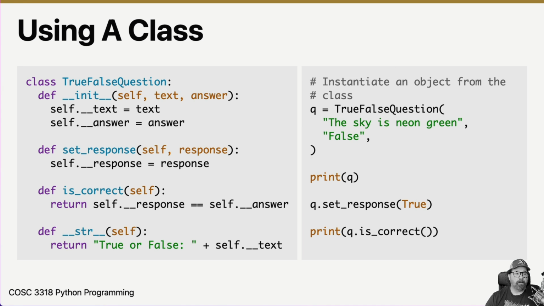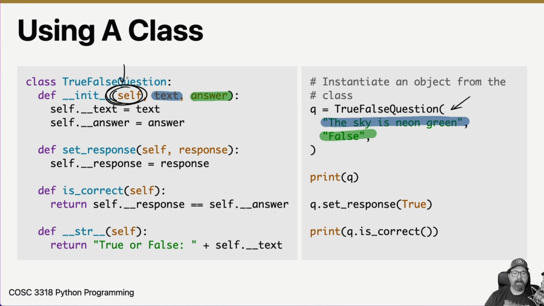Let me just erase everything so that I can make it pretty. So this parameter here becomes text, and then this parameter here becomes answer. Okay, it's really important to note, Python always provides the self. You don't say self over here when you call this thing, okay?